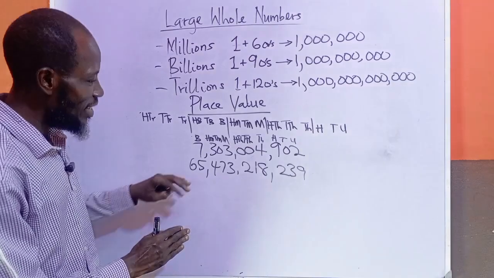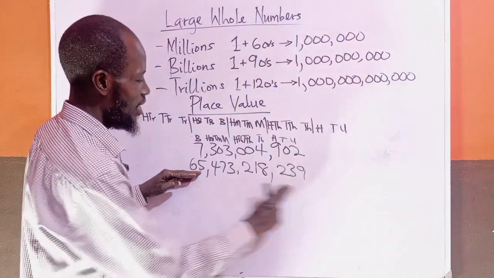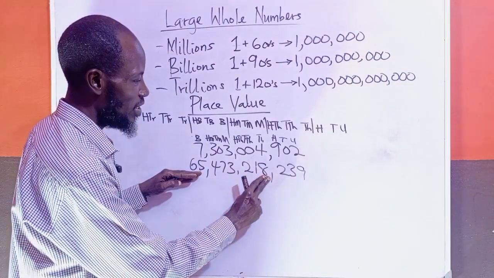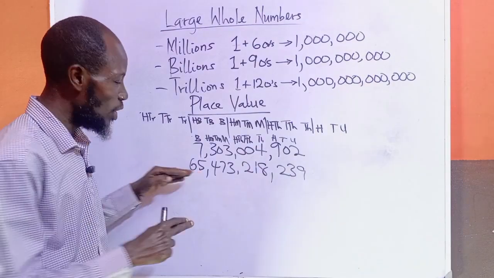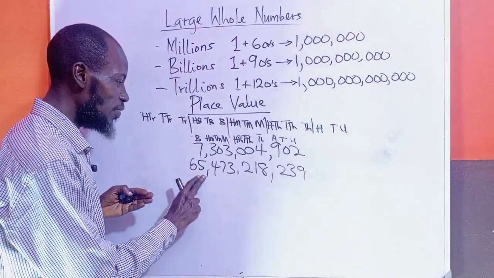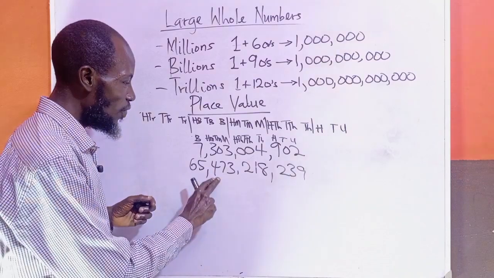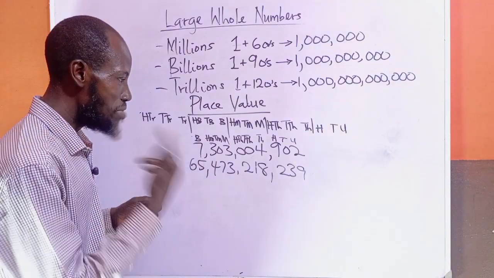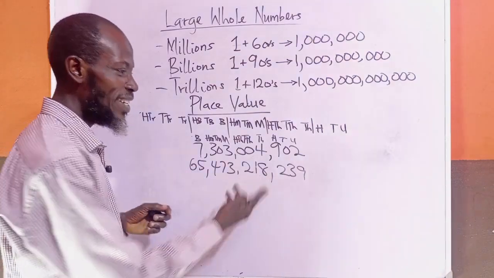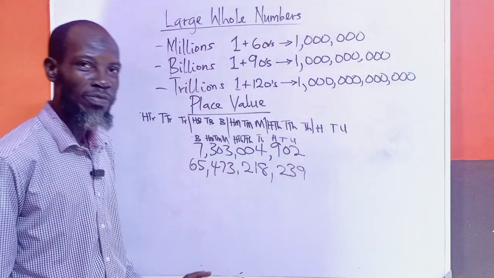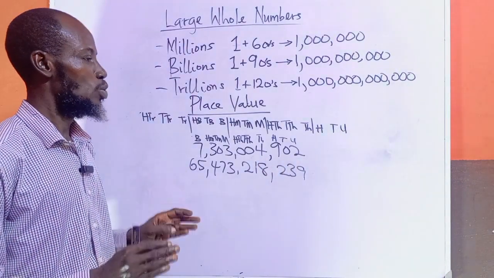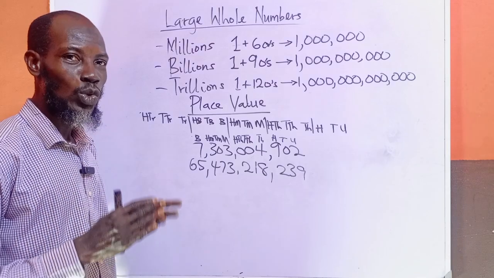If you look at the digits after it, 1, 2, 3, 4, 5, 6, 7, 8, 9, that is in billion. If you want to read it, you say 65 billion 473,218,239. So that is how to read large whole numbers.